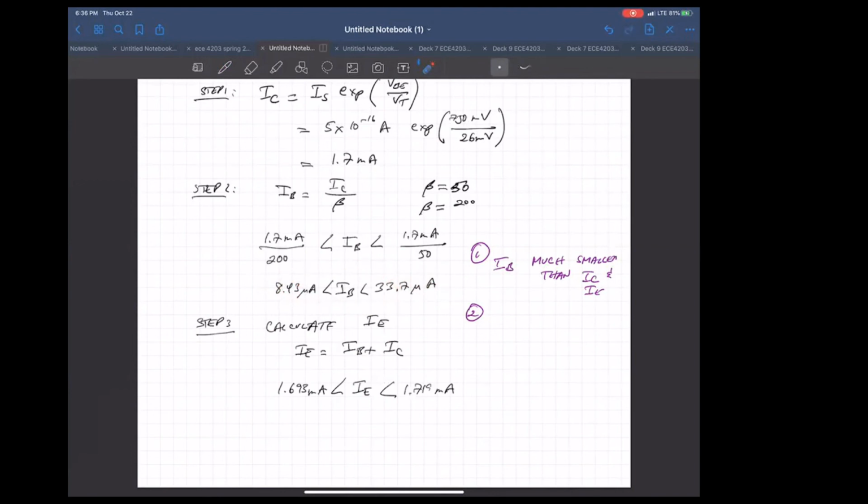So basically there's a big variation in I sub b, but not a big variation in I sub E. Okay. I think you'll see these kind of things over and over again. Any questions about that?